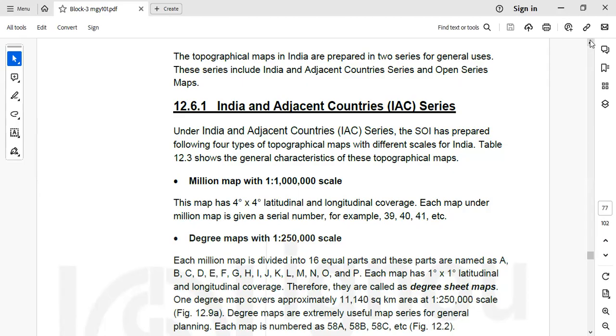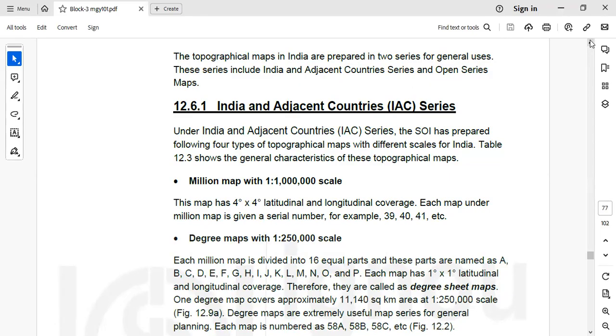Each map under the million map type is given a serial number or topographical map number, for example 39, 40, 41. If we see the index map of the numbering system prepared by the Survey of India, then you will get a clear understanding of the million map.